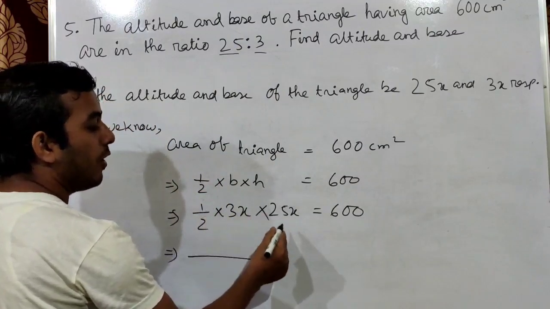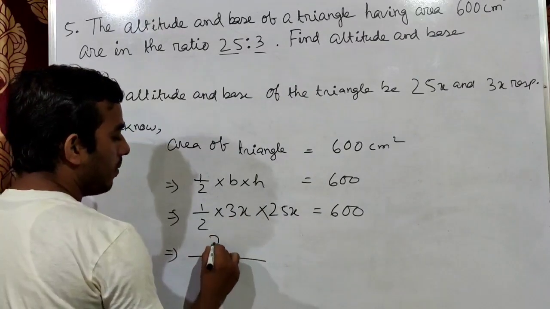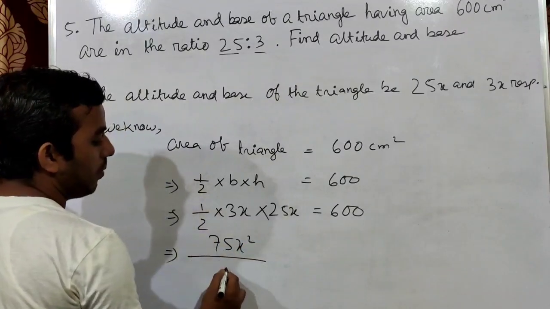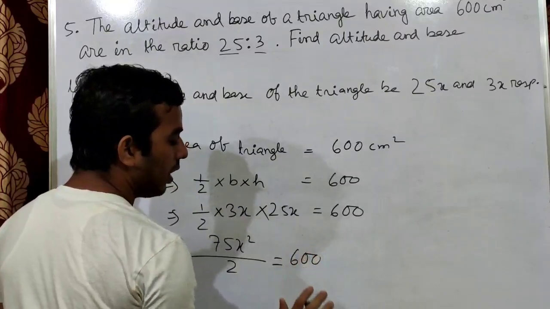Now numerator into numerator multiply: 3 into 25 is 75, and x into x is x square, divided by 2 equals 600. Up to this clear, right?